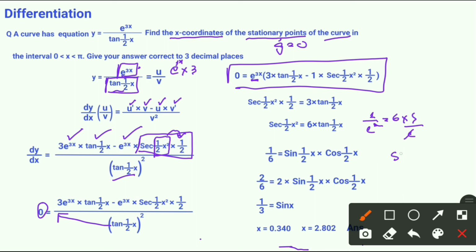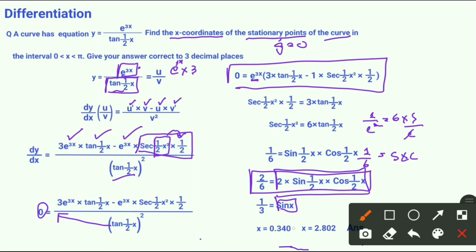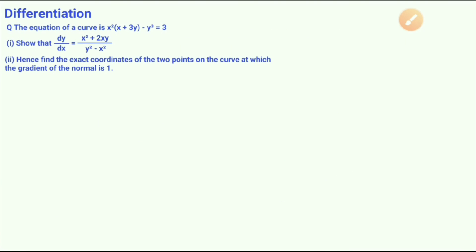Cos will go there and get cancelled out, so sine multiplied by cos is equal to 1 upon 6. This is exactly what's happening here, and then we use the identity that 1 upon 2 times 2 sine cos is sine 2x. Then you try to solve it. This is the answer.